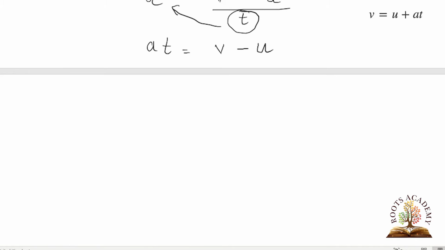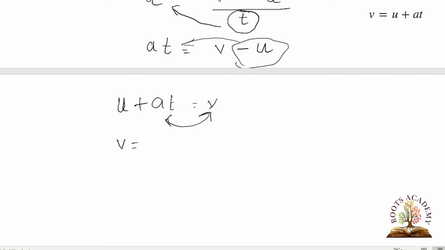Okay, so now the next step, we are going to move this minus u over to the left hand side, and its sign will become plus: u + at = v. Now we can easily exchange these two sides.